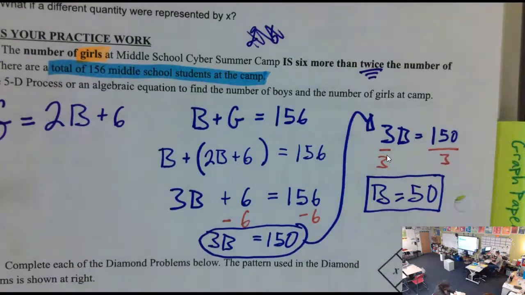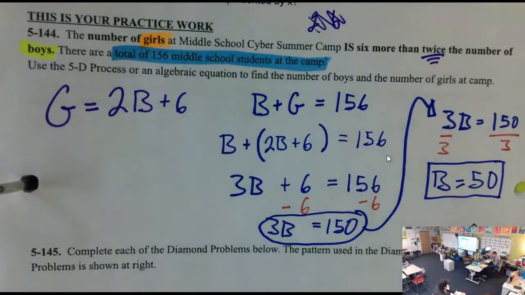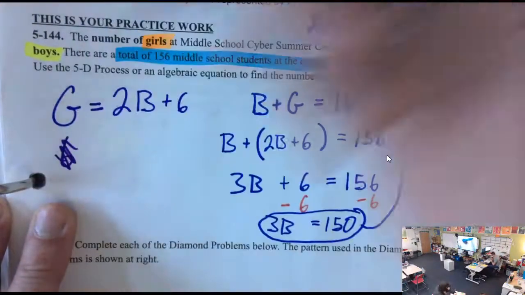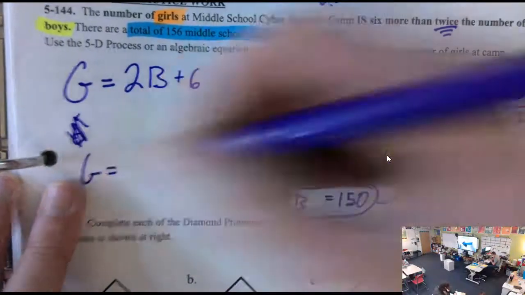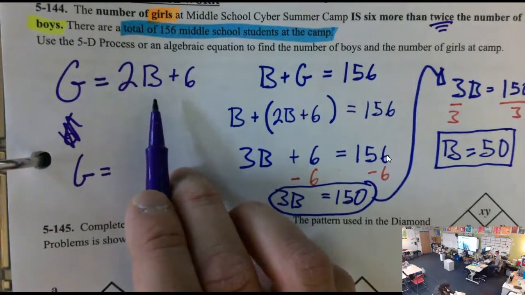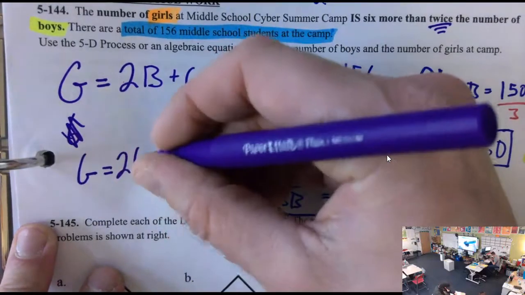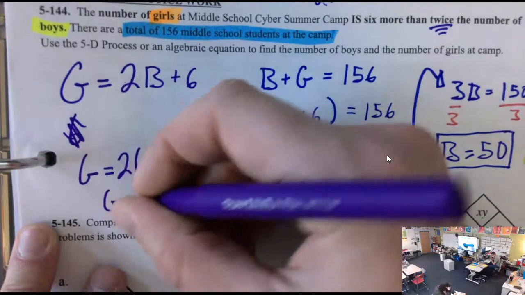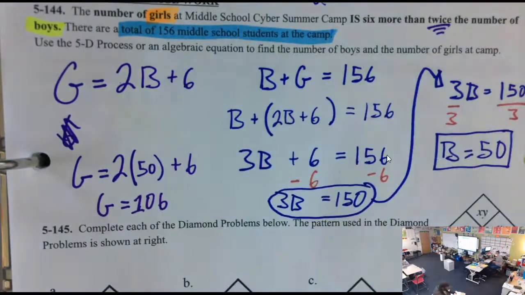So my equation from the beginning, my girls. Girls will be, see, G looks like 6, I fall into the temptation. G equals, what did we say B is? What's B? 50. So 2 times 50 plus 6. There are a lot more girls than boys at this camp.